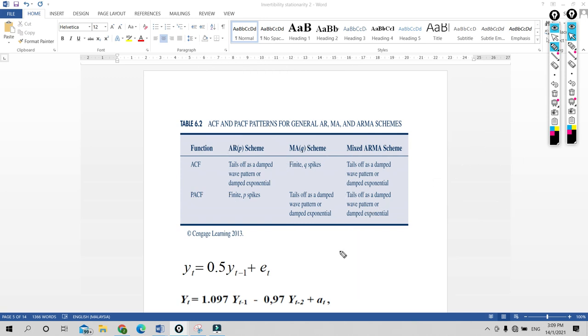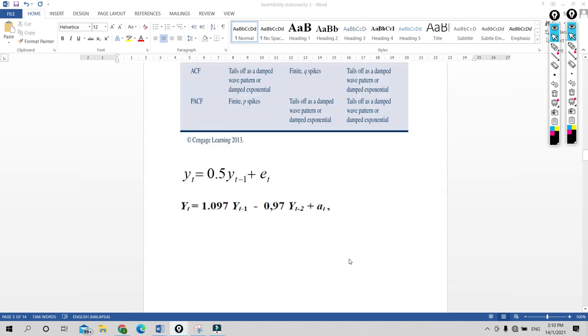Now, the next part I want to discuss is how to decide the model based on ACF and PACF.